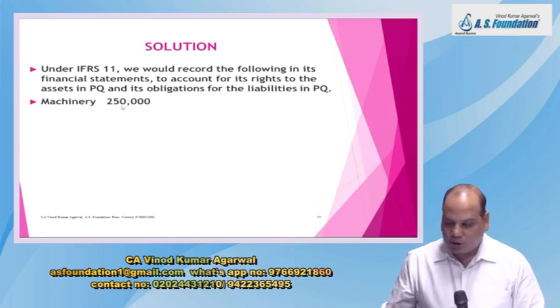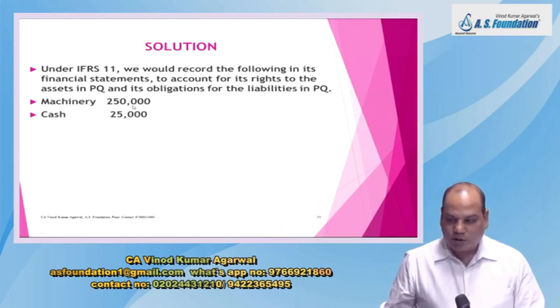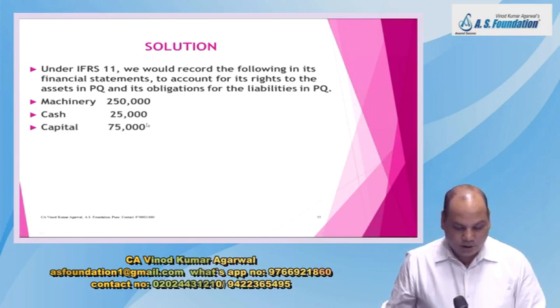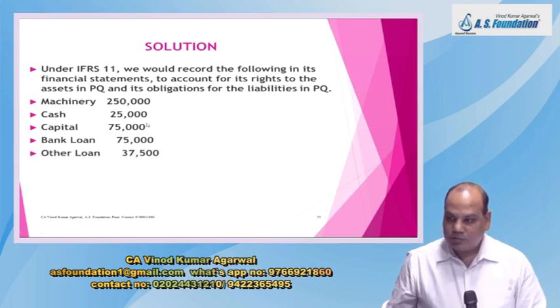First, machinery 2,50,000. Then cash, we have only half share in other assets, 50%, 25,000. Capital half, 75,000. Bank loan 75,000 in full.